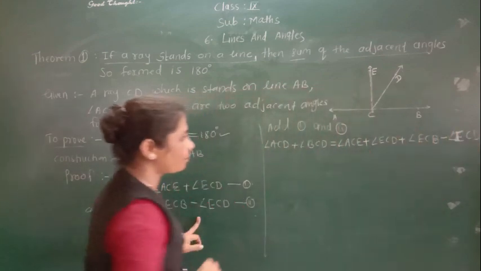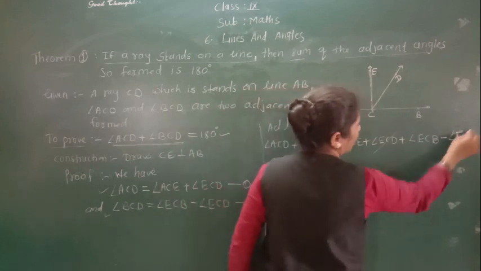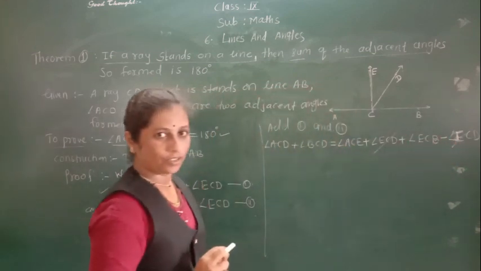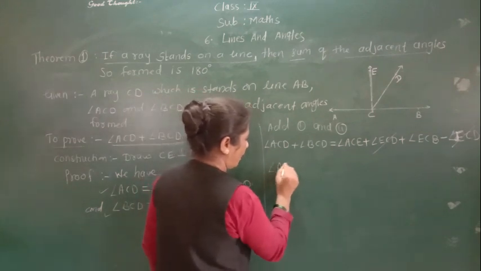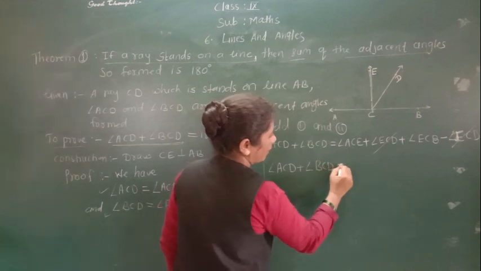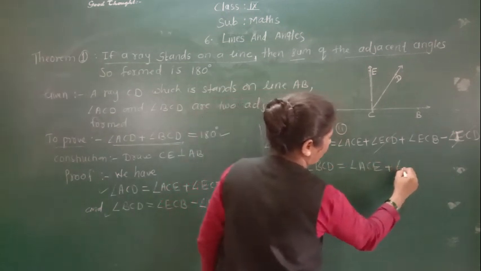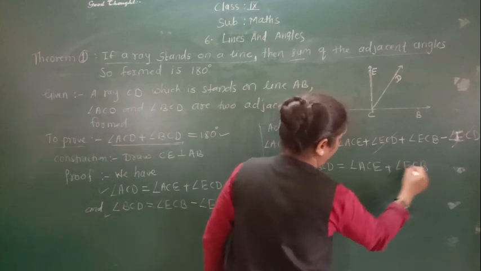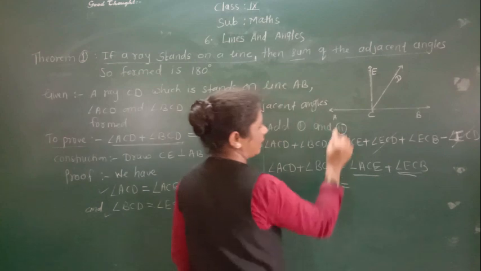Okay. So here you will see that ECD and ECD will get cancelled. So angle ACD plus angle BCD equals angle ACE plus angle ECB.